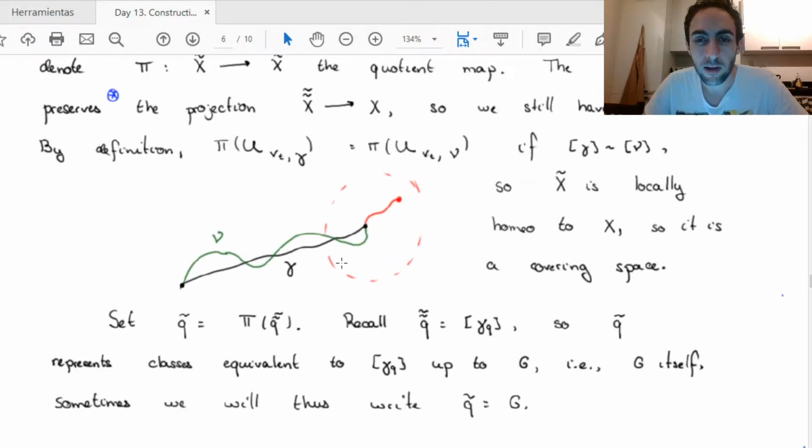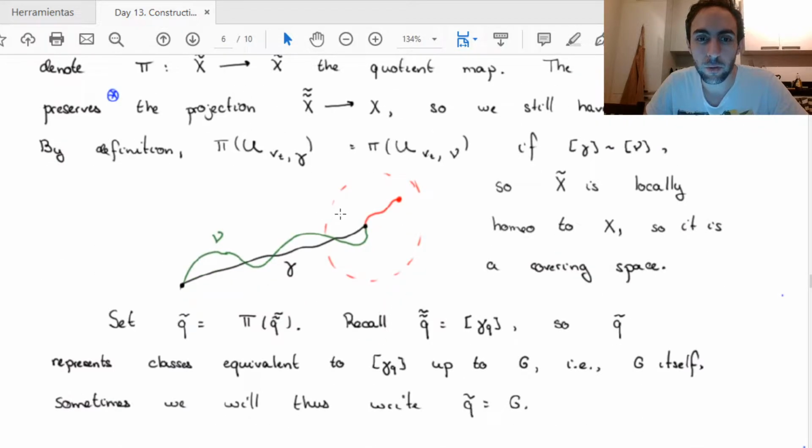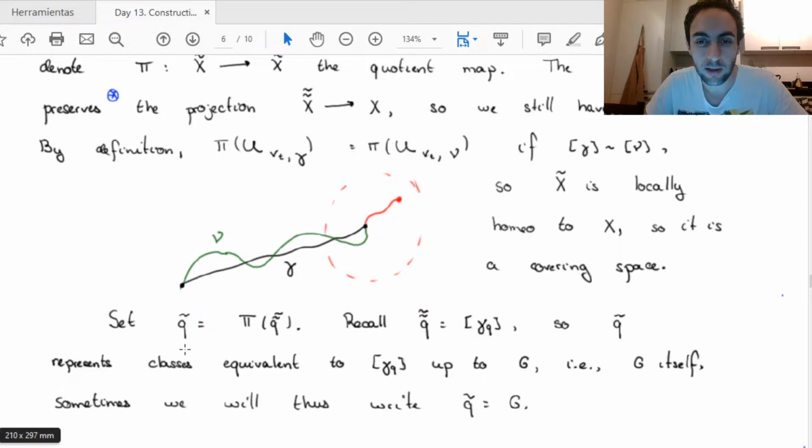Right, so X tilde is a covering space. That's great. Now that I've defined the covering space, let's define our favorite base point. So the only natural choice, of course, is that I take the base point in the universal cover and I project it down. Let's denote this by Q tilde. Now, what does Q tilde represent? And here indeed, we should recall that Q tilde is the class of the constant loop.